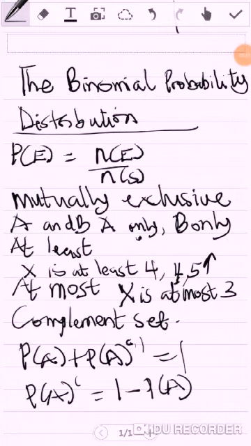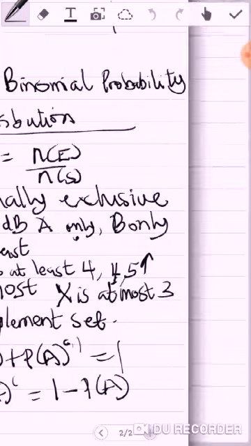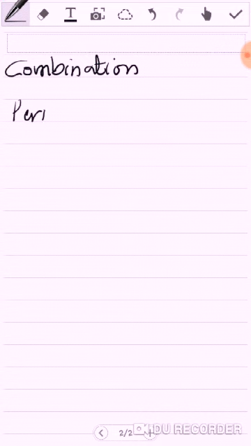Okay. So let's continue. From here, you will see something called combination and permutation. So what is combination?